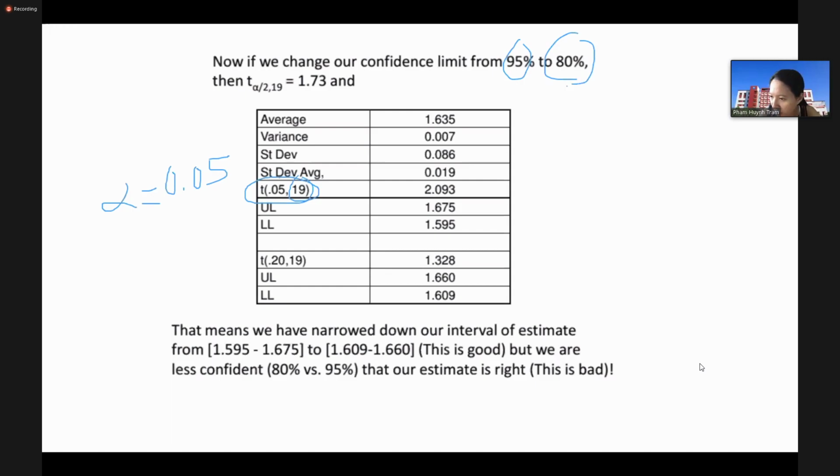So you have to look for the new t value here: alpha equal to 0.2 or 20%, with the same number of replication, 19, and we got the new value of t for the half-width calculation. You see that when alpha increases, the t value will reduce.